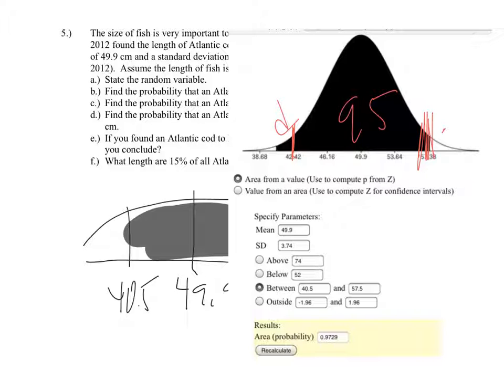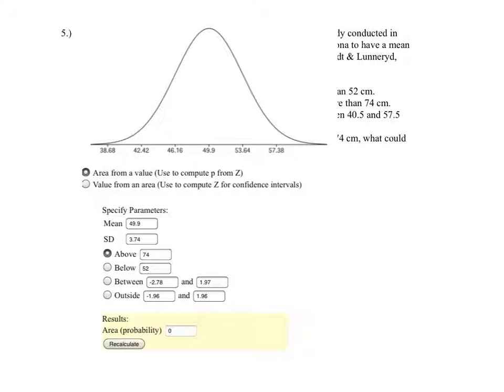Okay. So to answer your question E, suppose I did catch a cod that was that long. What does that mean? Well, I know the probability of catching a single fish that long is practically zero. So there's two things I can conclude. This is a very extreme, rare size fish.